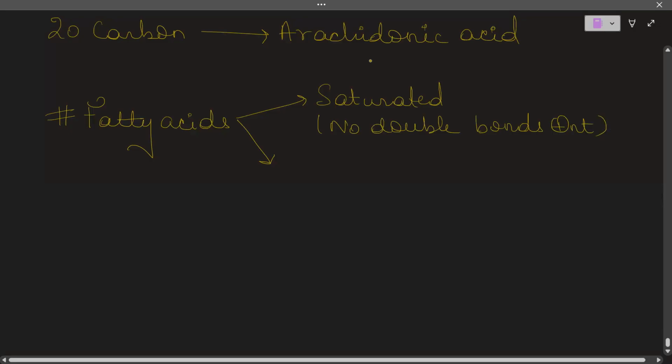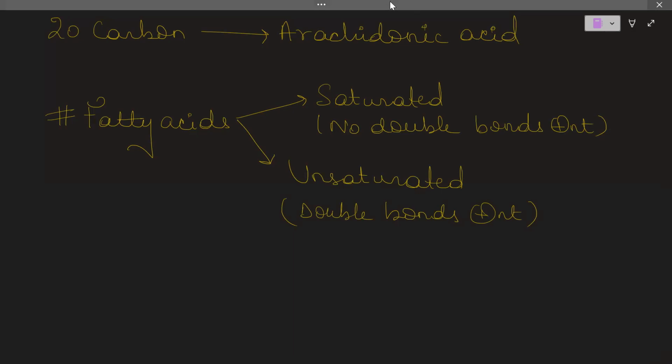There are no double bonds present. And then there is unsaturated. Here just the opposite: the double bonds will be present. So this way, the fatty acids are of two types.